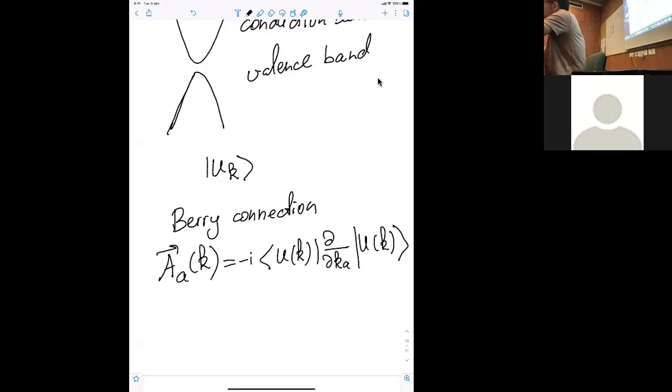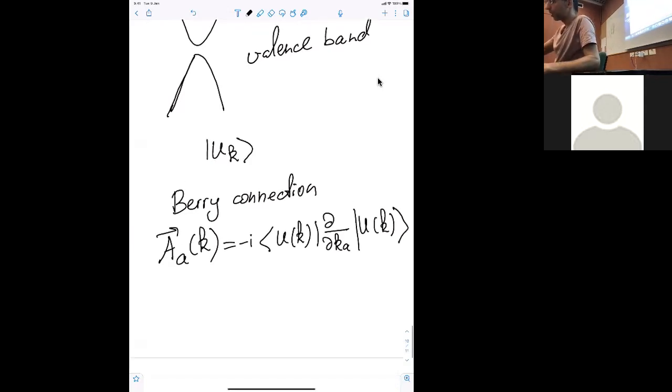You take Bloch function, you operate with the gradient component A, you get a field that depends on the position in K space, and you call this field Berry connection.